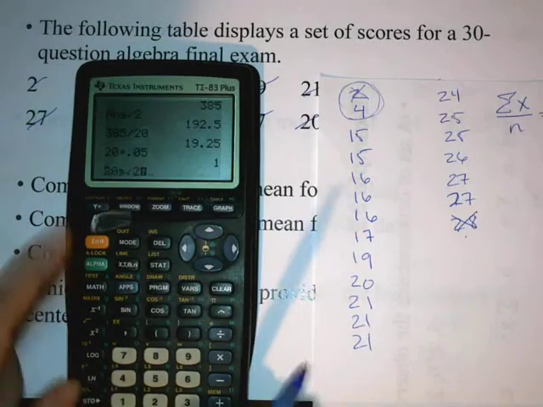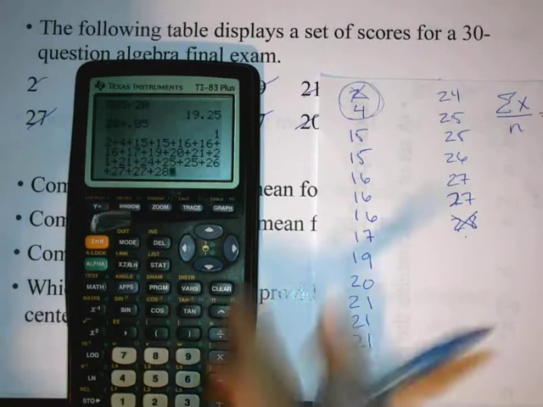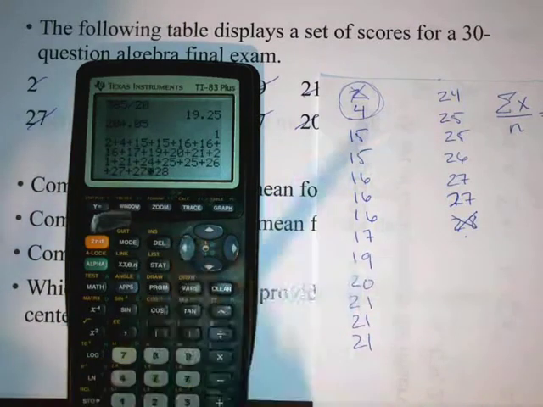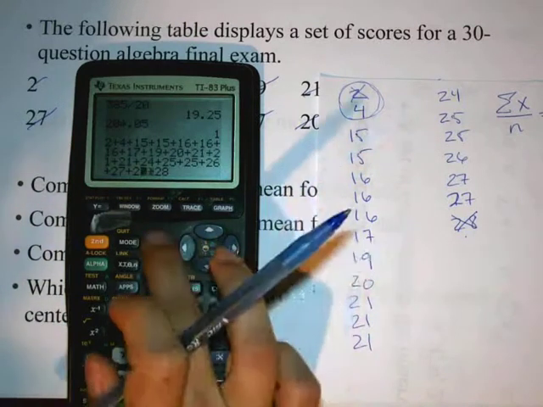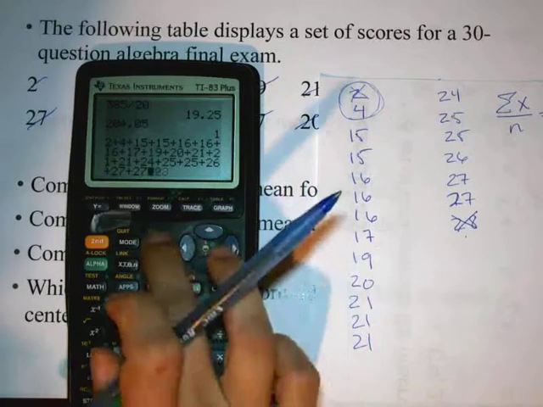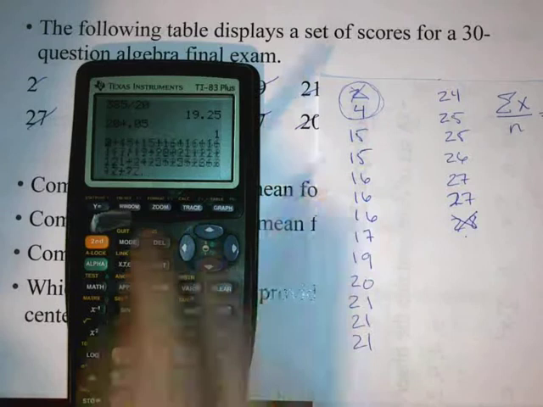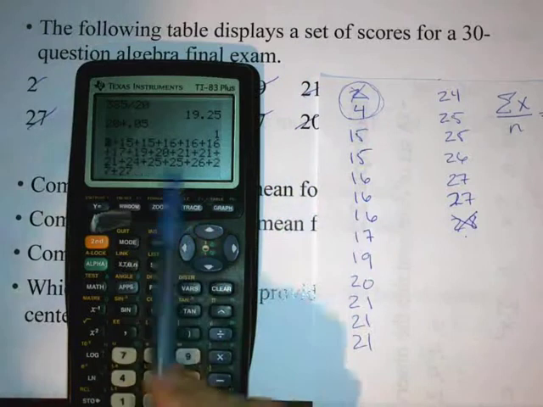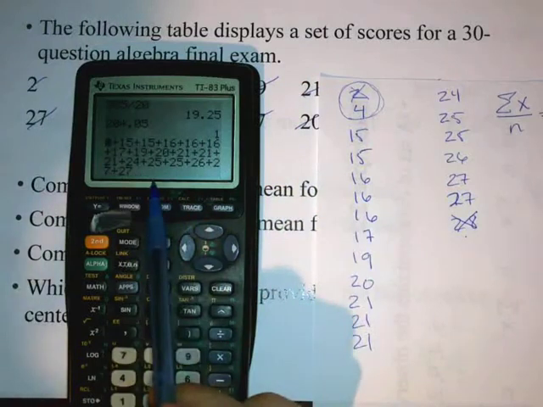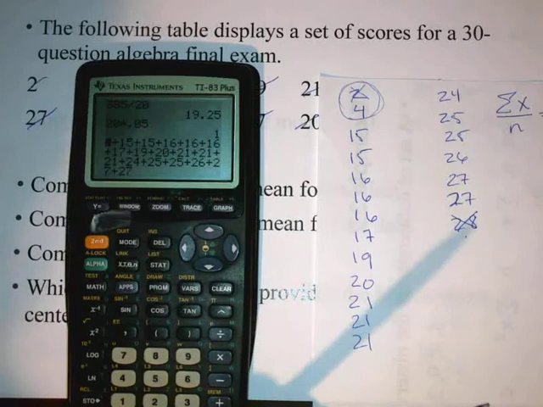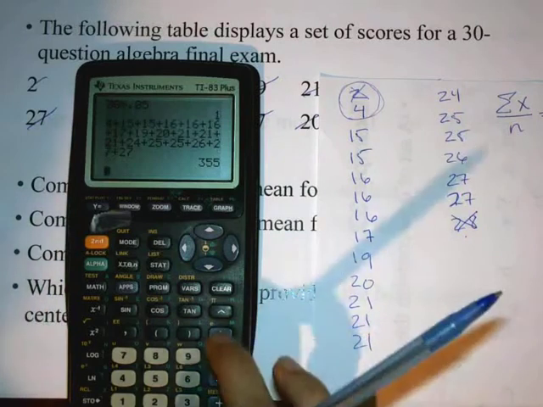So if I push second answer a few times in my calculator, there's all of my data. I'm going to delete the last piece of data, and I'll delete the first piece of data. And now I have my 18 scores that I can compute for my 5% trimmed mean.